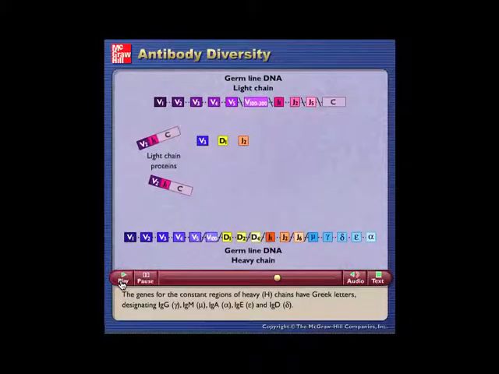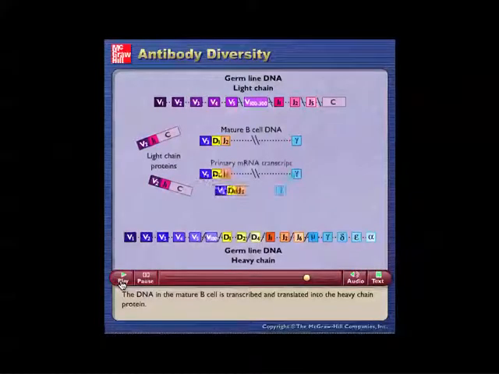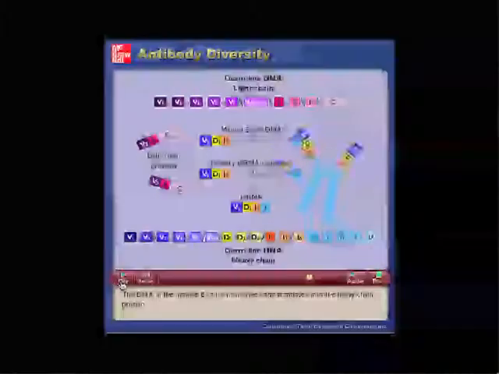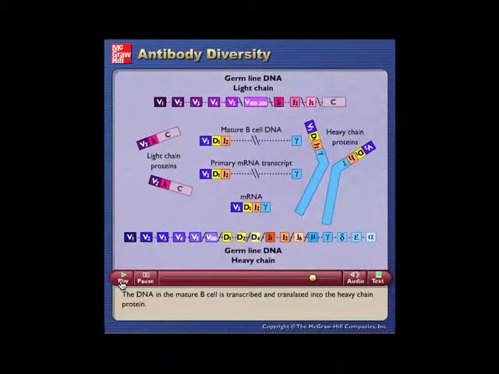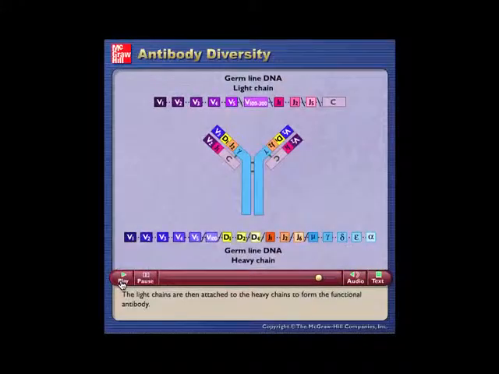The genes for the constant regions of heavy chains have Greek letters designating IgG, gamma; IgM, mu; IgA, alpha; IgE, epsilon; and IgD, delta. The DNA in the mature B cell is transcribed and translated into the heavy chain protein. The light chains are then attached to the heavy chains to form the functional antibody.